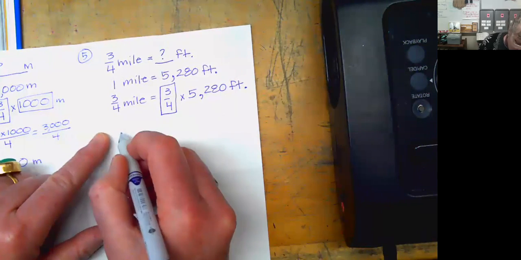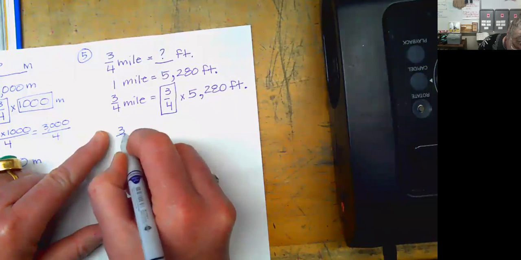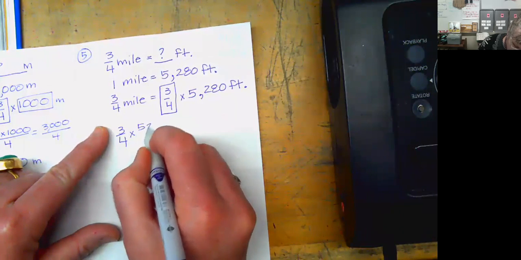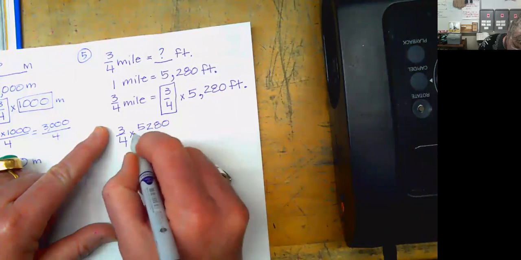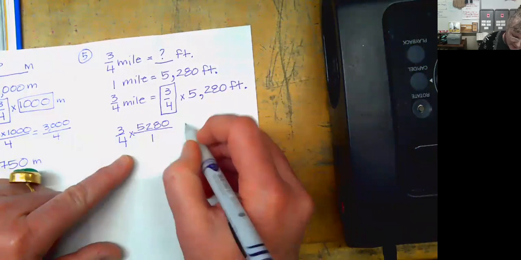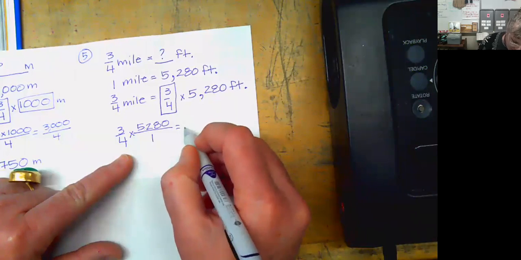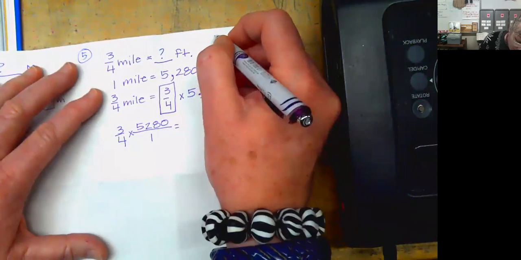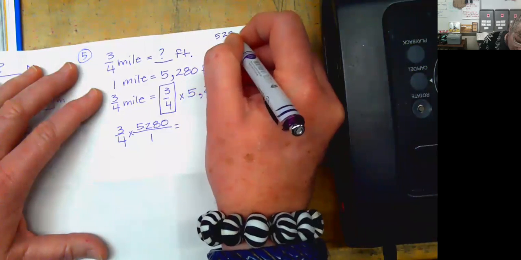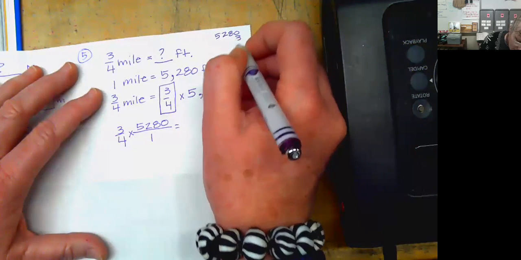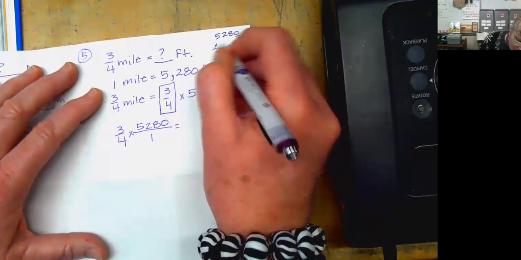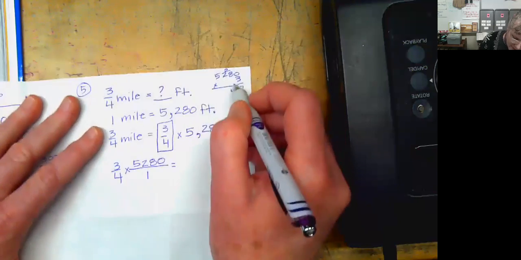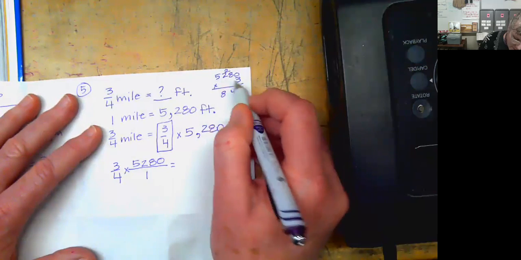So when I do that, I get 3/4 times 5,280 over 1. And that's the same thing as, let's multiply 5,280 times 3. That's going to be 0, 24, 6, 7, 8, 15.